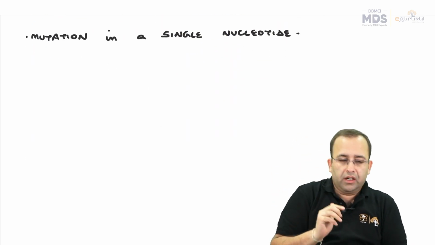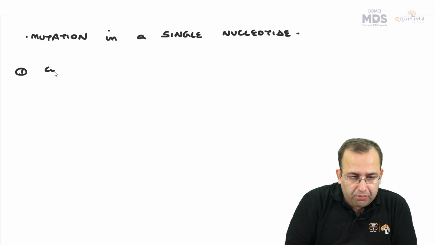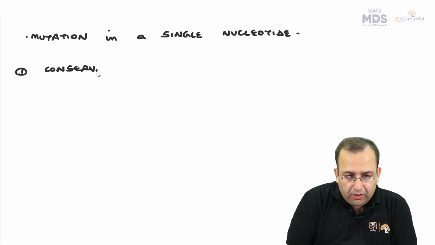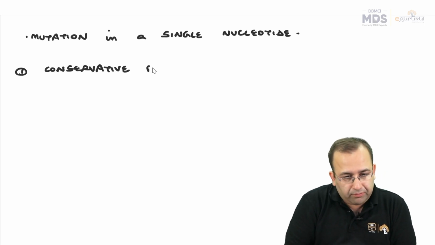Starting with our first category of point mutations, that is conservative point mutation.